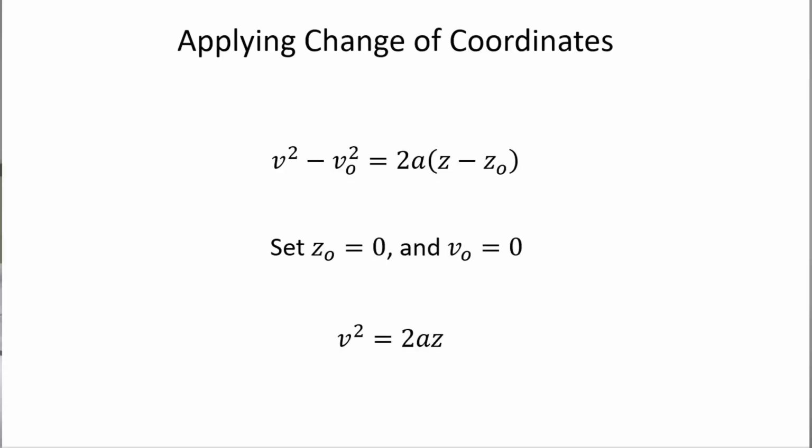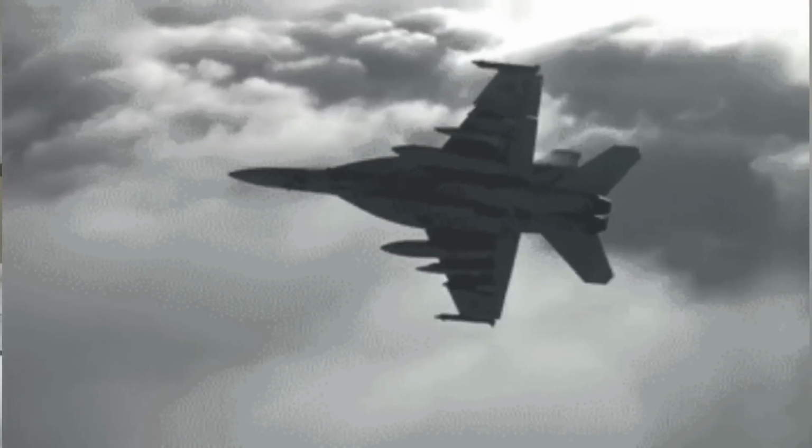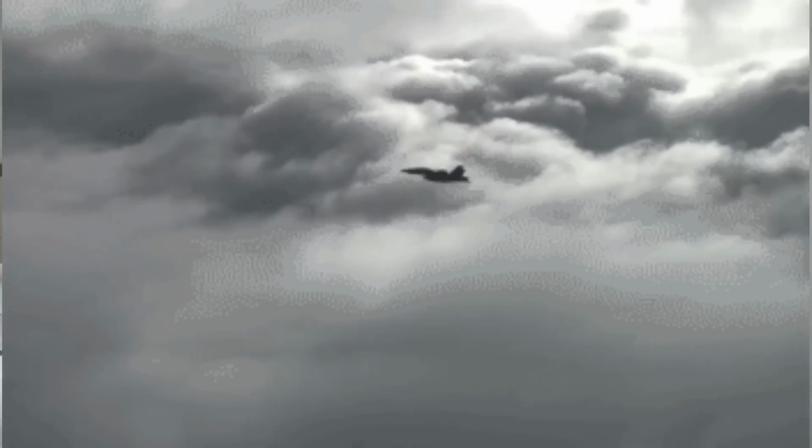Since we are dealing with velocity squared, we can equate this to an equivalent parameter, which is basically 2 times the acceleration times the change in distance that the object is traveling. Basically, this is just the classical kinematic equation.